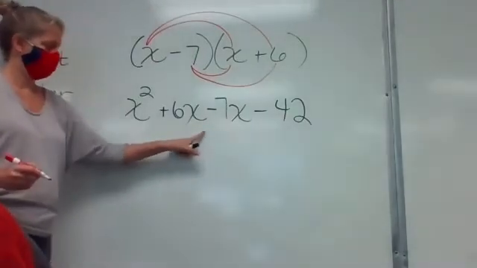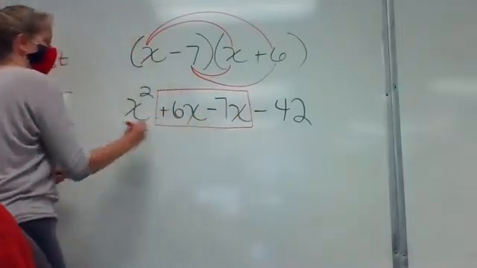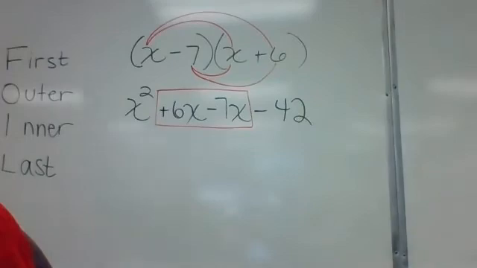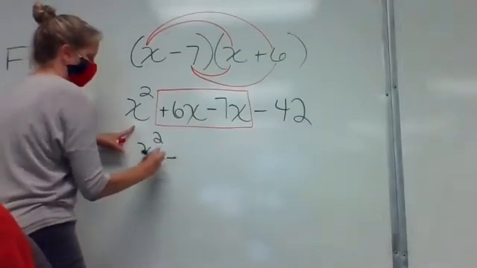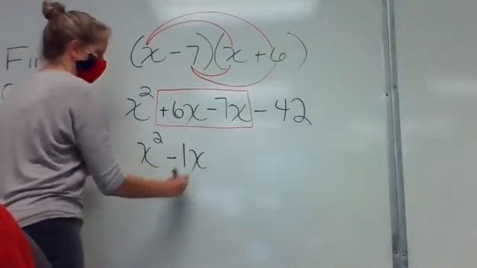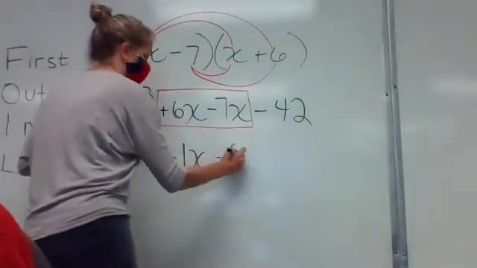You do have like terms. They're x's. So it's going to be 6 minus 7, going to be negative 1, negative 1x. So I'll bring down my x squared, not plus, minus 1x, or just minus x, minus 42.